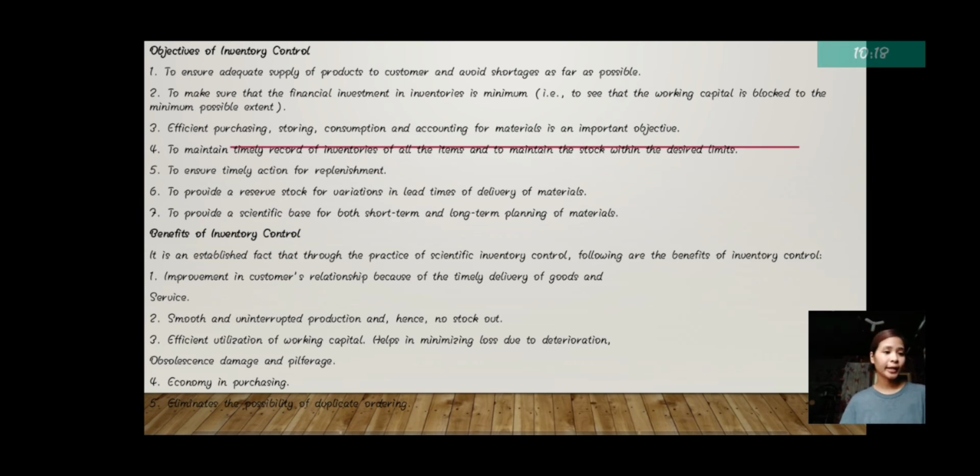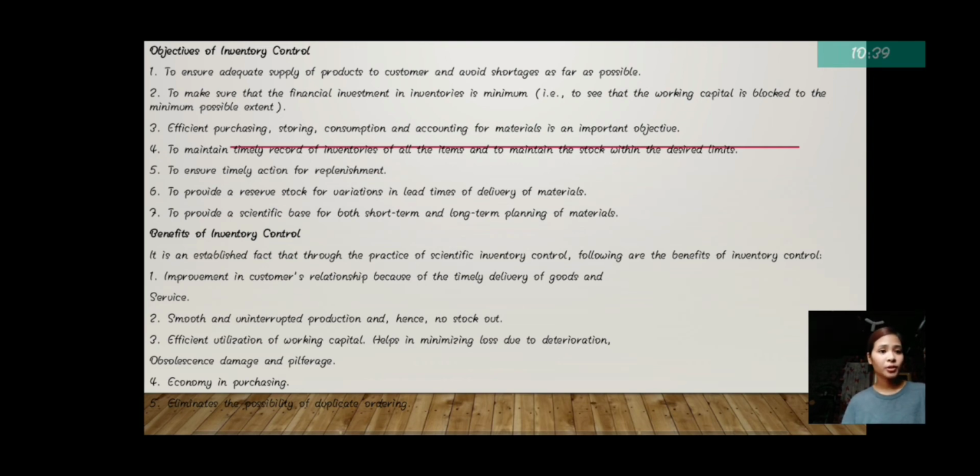So meaning i-ensure na anang mga supply ng mga product para in the future or sa pag-process dili siya ma-short, di ma-short yung isa ka product. And then second, to make sure that the financial investment in inventories is minimum.